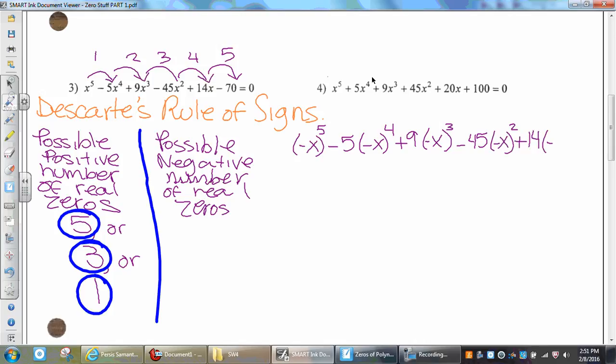So please write this down on your paper. I believe these are actually questions on your homework, right? I'm just going to write this here on the list.